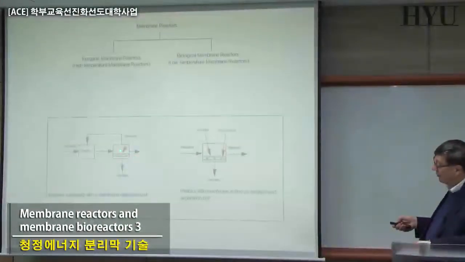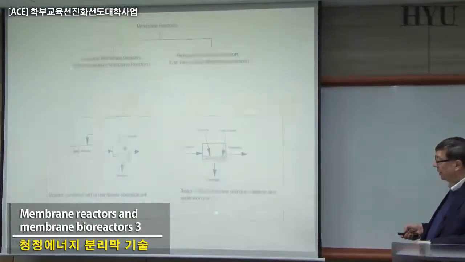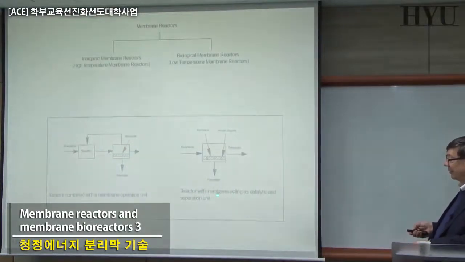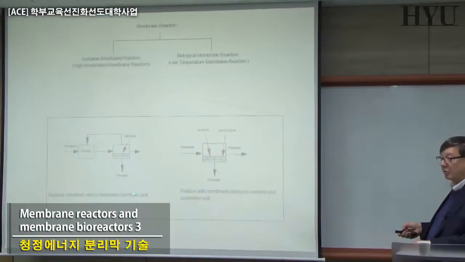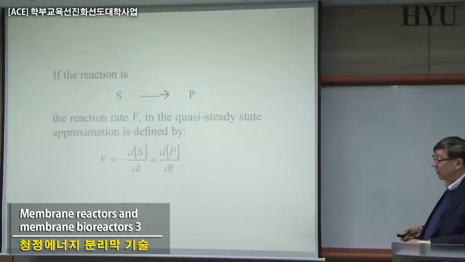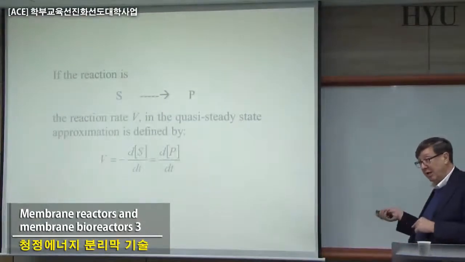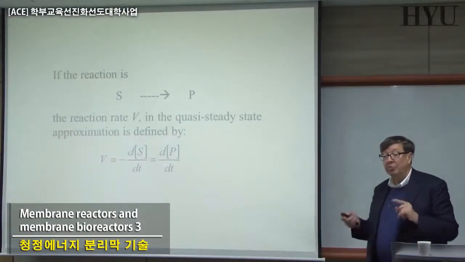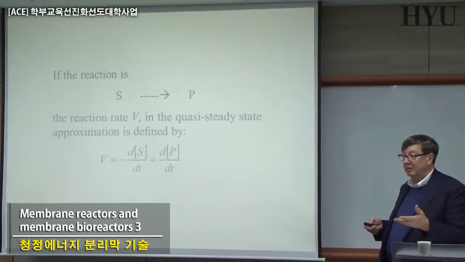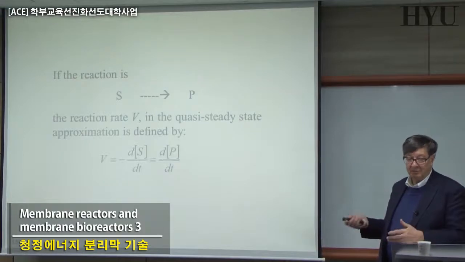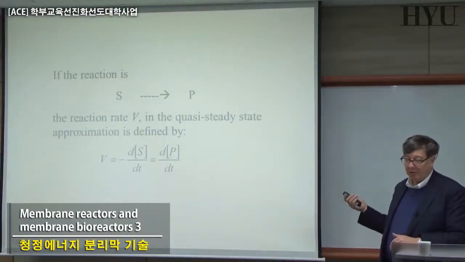There is no compartmentalization as in this case here. The reactor with membrane acts as a catalytic and separation unit in one step. Reactor combined with membrane separation units, that's the one we are more interested in and are discussing. If you are looking at this kind of system, you have to rearrange your knowledge a little bit in terms of the kinetics of the reactions that are taking place in this kind of situation.